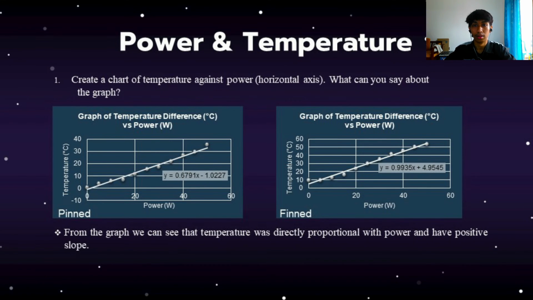So this is our graph of temperature difference against power for pin and fin surface. As we can see from the graph, the temperature is directly proportional to power and has a positive slope.